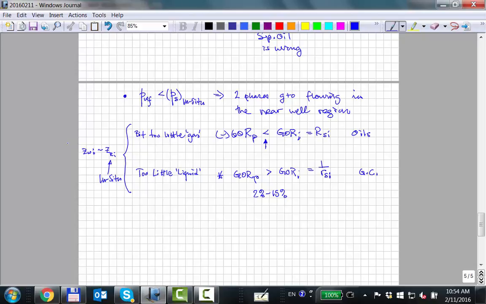Okay? But that's only if we need estimates of in situ composition. If we need PVT measurements, we don't really care about the composition here, we can use this for PVT measurements to get densities and things like that. Sometimes it's not a big deal. Okay?